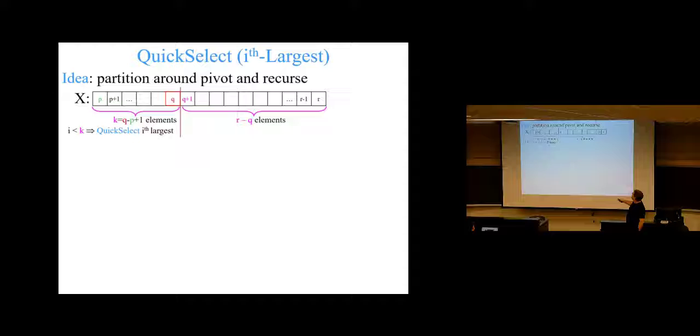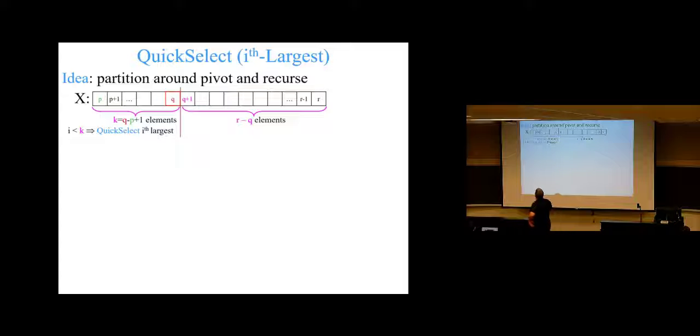So k is the index of this pivot in the array. Q is the index of this pivot. The number of elements in this left portion is Q minus P plus 1, and in this portion, you have R minus Q elements over here. So I'm just representing them as quantities. You know how many there are, parametrically.